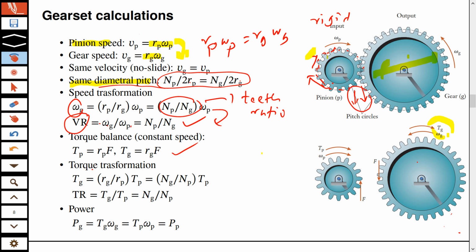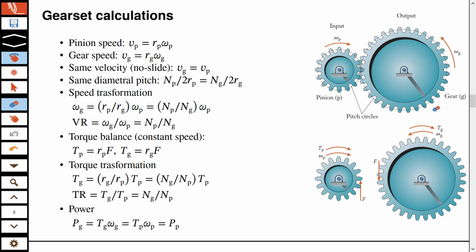These equations can also be combined to write a transformation for the torque. The torque at the output can be connected to the torque at the input, first through a ratio of diameters and then through a ratio of teeth. This derivation you can do at home as well, but what I want you to notice is something very interesting.